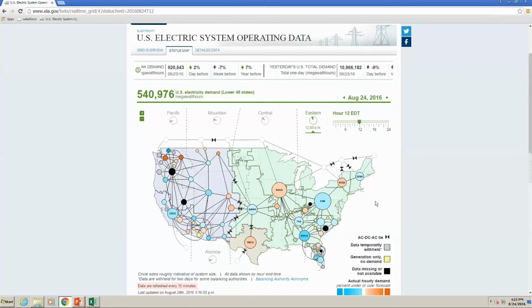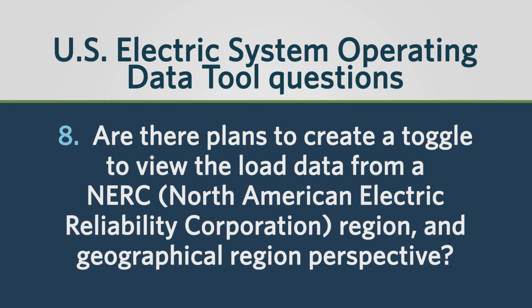The duck curve depends upon information specific to the output of renewable resources, and we don't have that yet. But as I mentioned for an earlier question, we do plan to add that capability. Once we have that, anybody would be able to use the information to create duck curves.